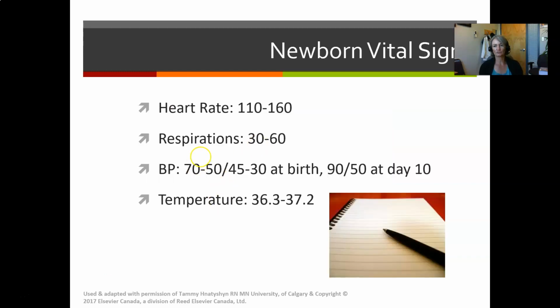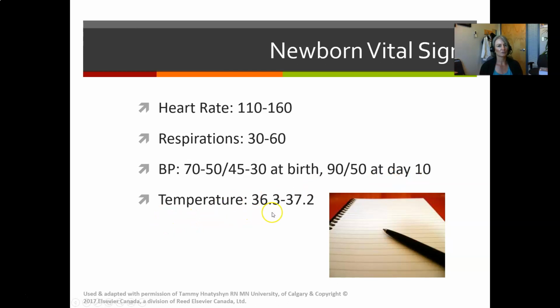So what are our normal newborn vital signs? Well, we certainly want to see a heart rate, and here we say 110 to 160. You're going to see 100 to 160 as well. Respirations 30 to 60. BPs we don't typically do routinely, but if we are doing blood pressures, these are usually 4-limb blood pressures ordered by the physician, and these would be our normal values, but they're going to adjust as they get older.